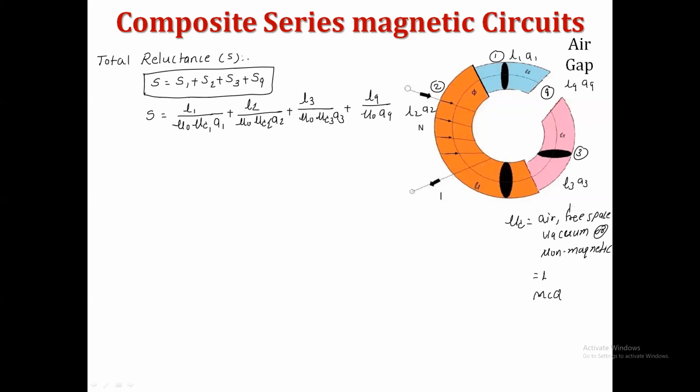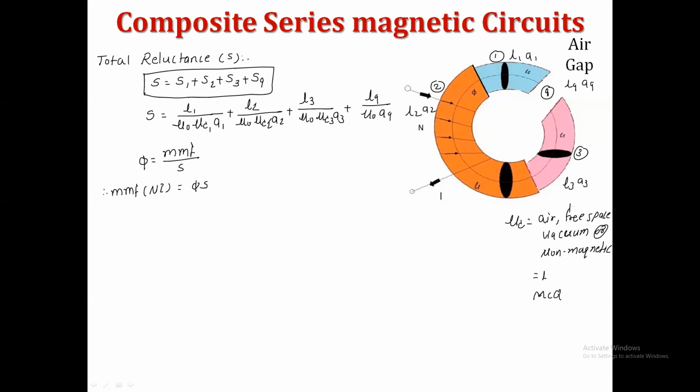Now if I want to write our basic formula in the magnetic circuit, our basic formula is phi is equal to mmf upon reluctance. Then I can write therefore mmf, Ni, which is equal to phi into S. Now phi is common for all materials, just like a current.